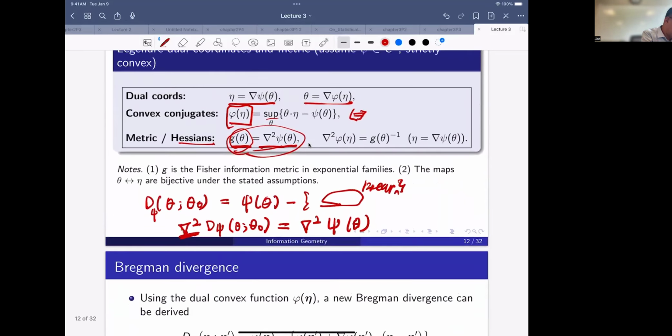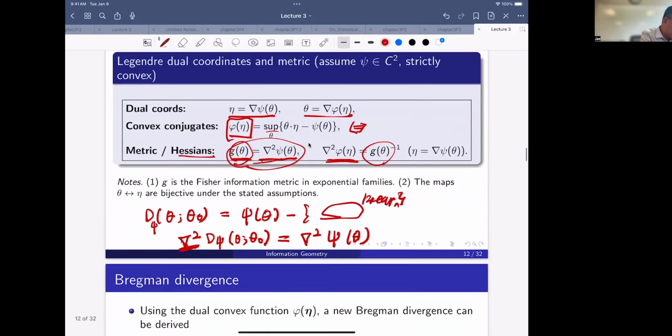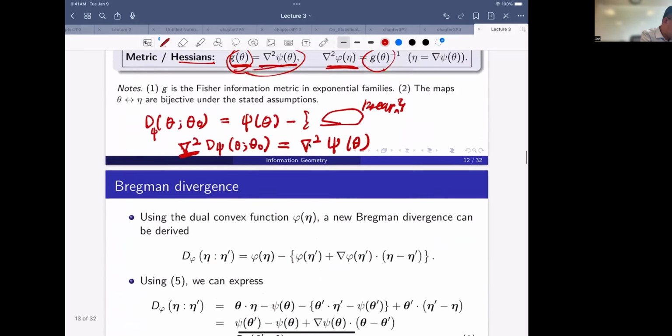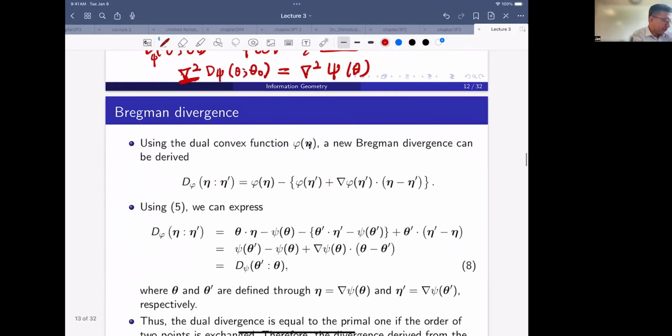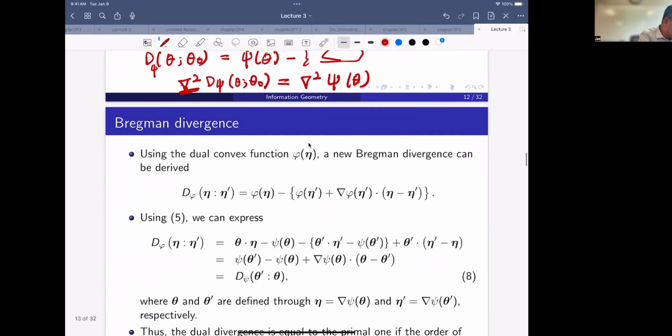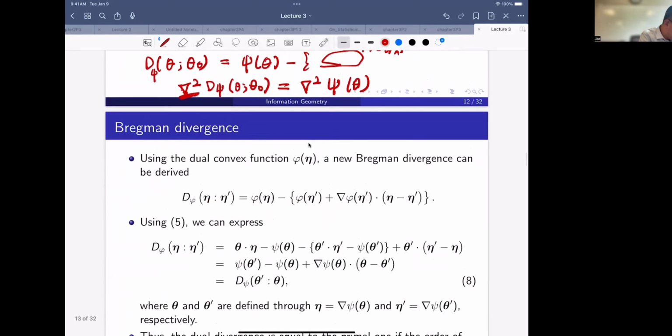And then the dual function has an inverse because of the Hessian duality. And now let's use the duality to express Bregman divergence. So we have one coordinate system and the other one is another, zeta and eta, right?